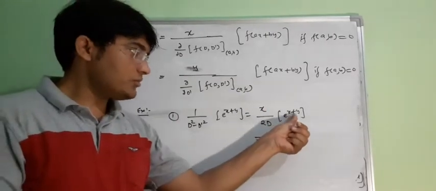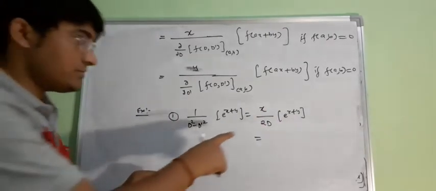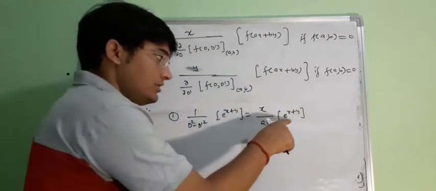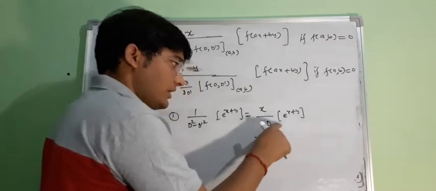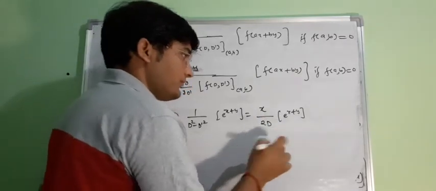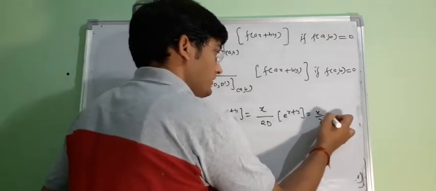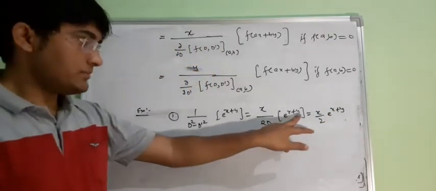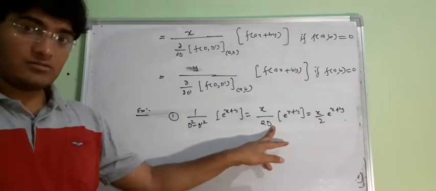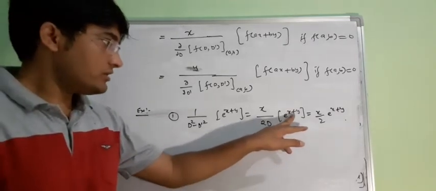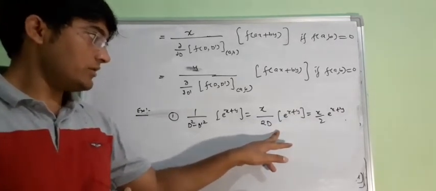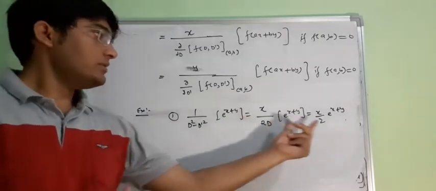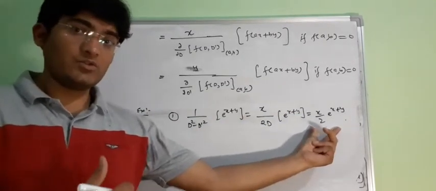So the integration of e^(x + y) with respect to x, because D was del/del x, is e^(x + y). So this will be your answer in this case. That means this is your particular integral.